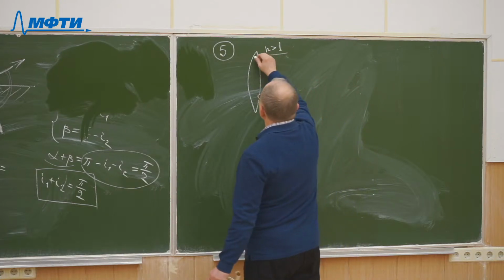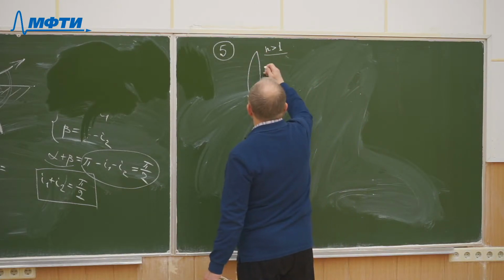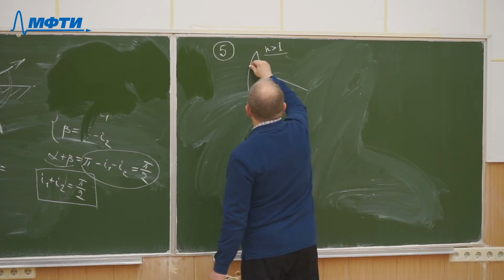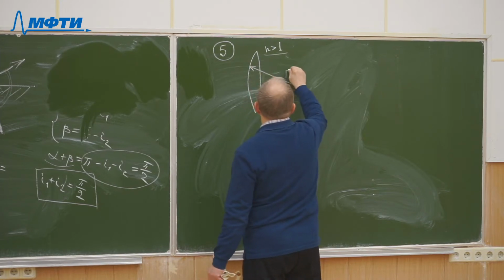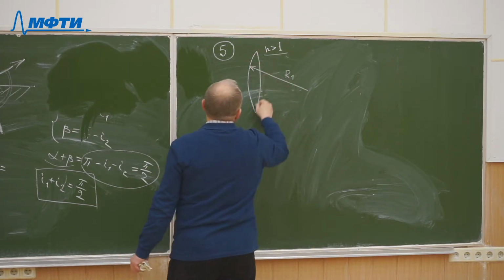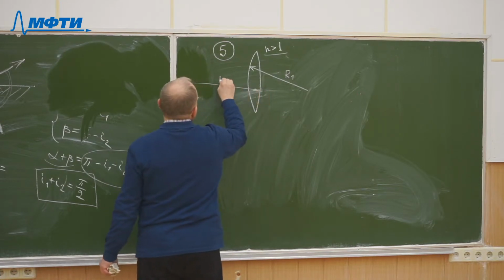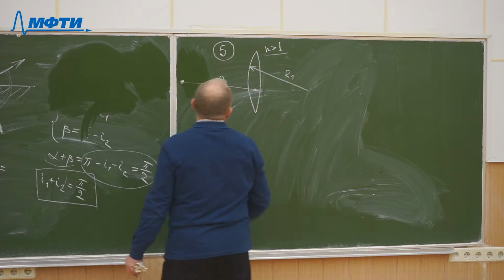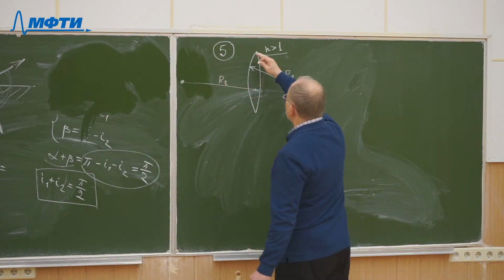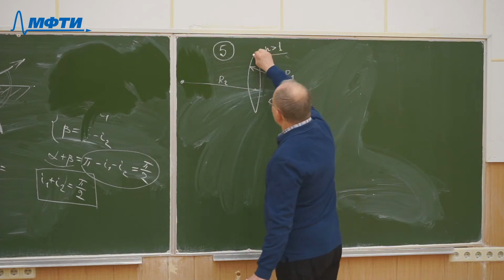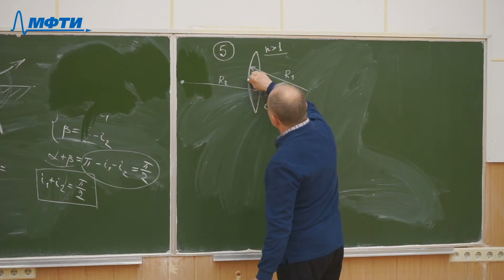And this object, this body, is formed of 2 spherical surfaces. One spherical surface will have a radius of curvature r1, and another spherical surface will have a radius of curvature r2. So the lens is fabricated in such a way that it is formed by 2 spherical surfaces.